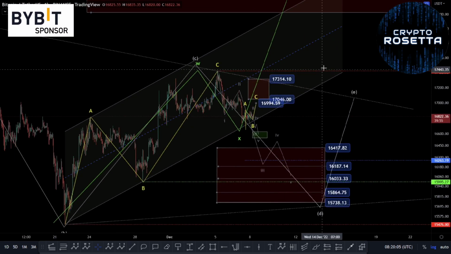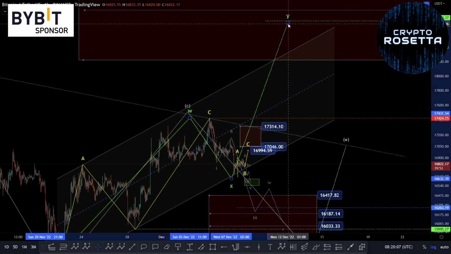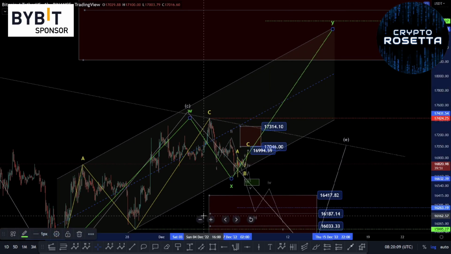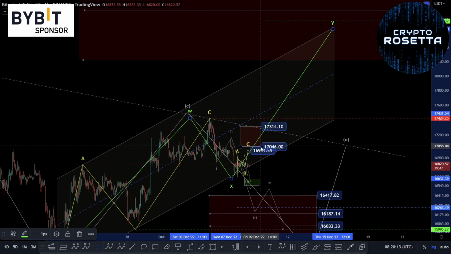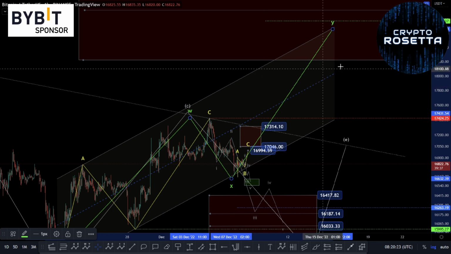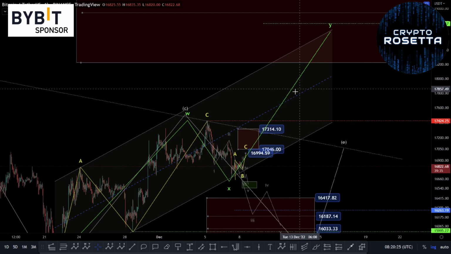If we do get this progression, it might be more slanted like this, but we could look to target out this 1-to-1 area. If, however, we do move to the upside, I would be looking at this channel line to potentially offer us a rejection point at a later date. So that's just something we need to bear in mind.